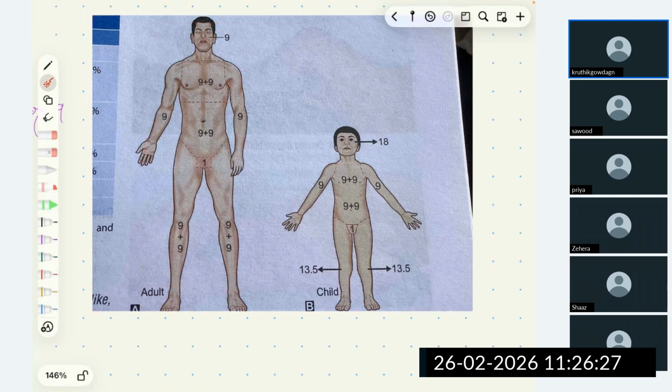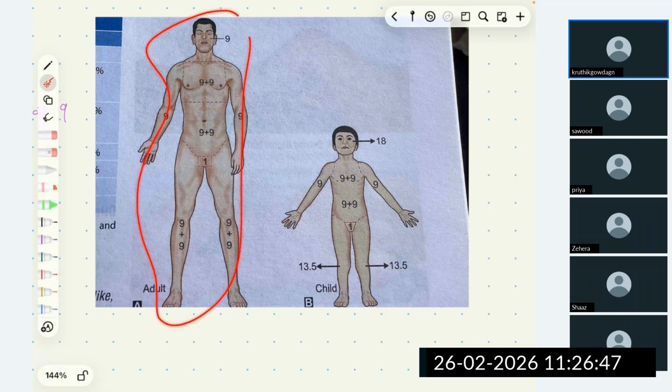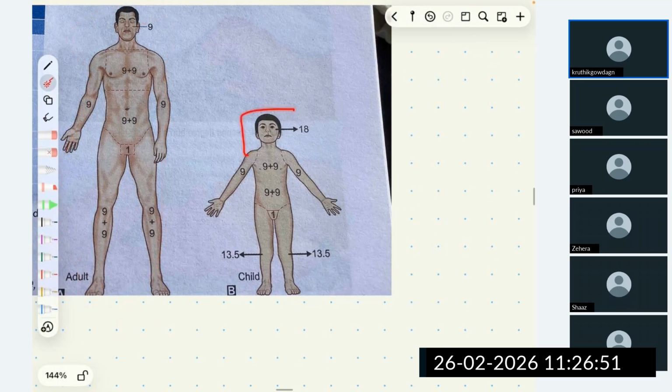I'll repeat: head and neck 9%, upper limb 9%, front of chest 9%, upper abdomen 9%, perineum 1%, thigh 9%, legs 9%, accounting for 100%. And in children, head and neck is considered as 18% because they have more surface area in the head and neck region.